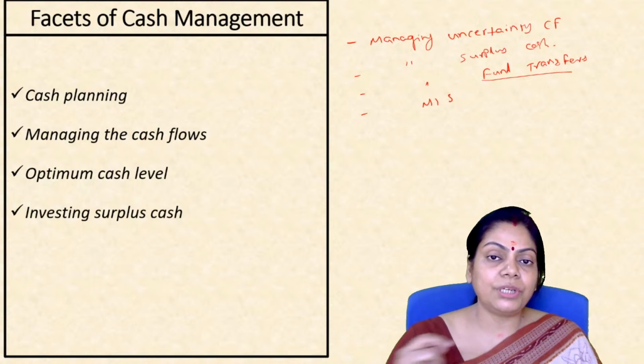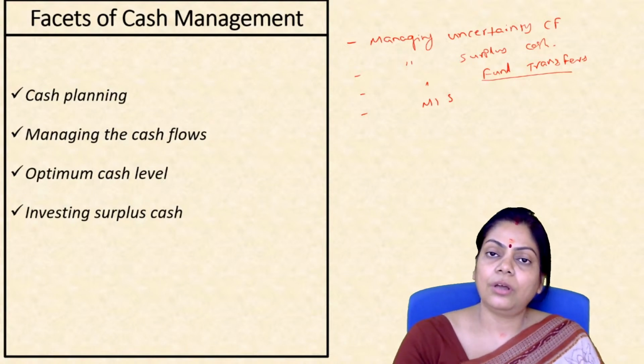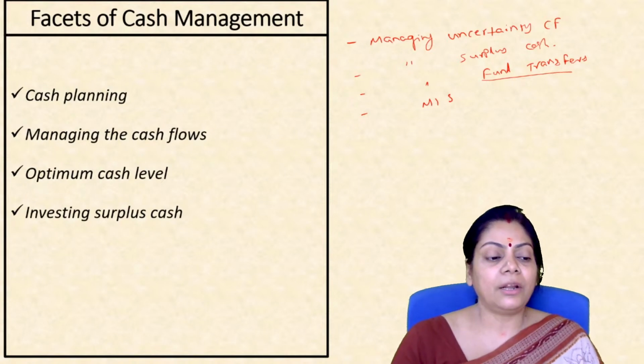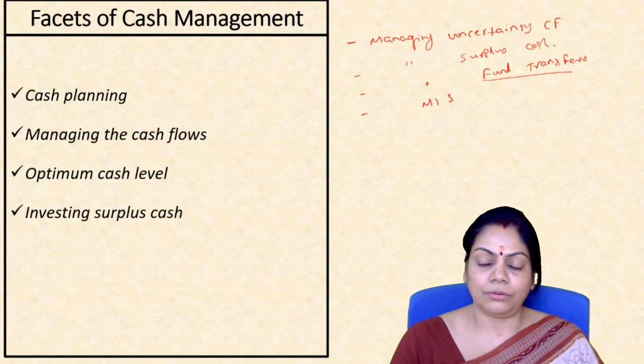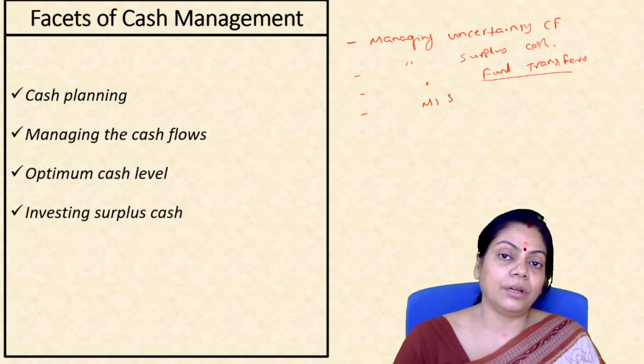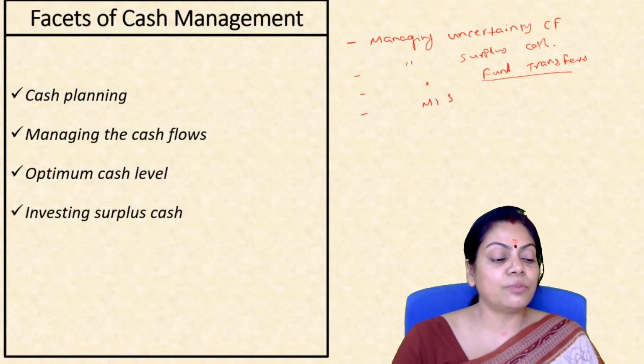Now the whole issue is how can I speed up my collections. Speeding of collections, we saw in the receivable management; the collection department takes care of that. And when we're talking about payments, technology has changed the way cash management is done.